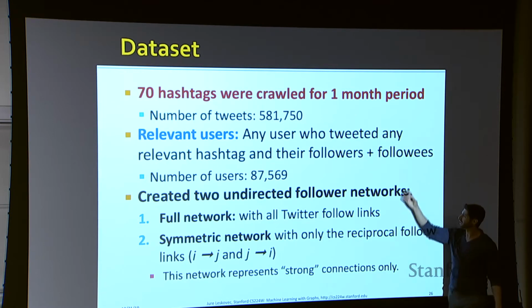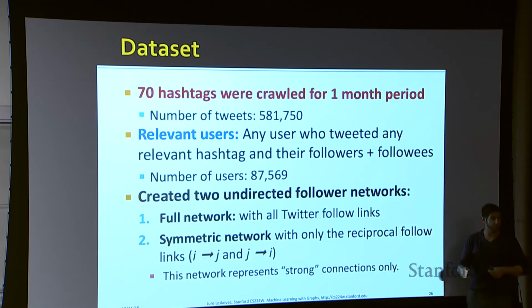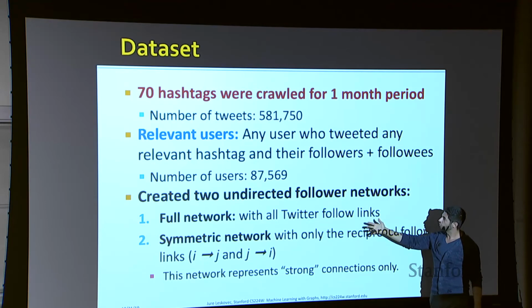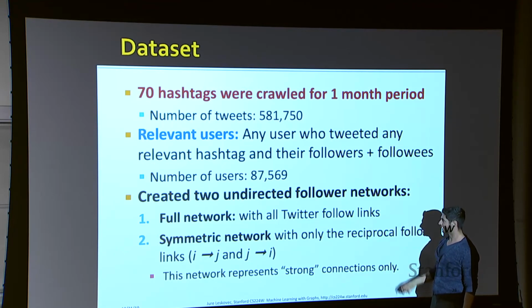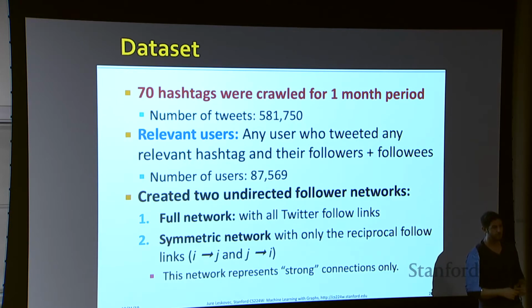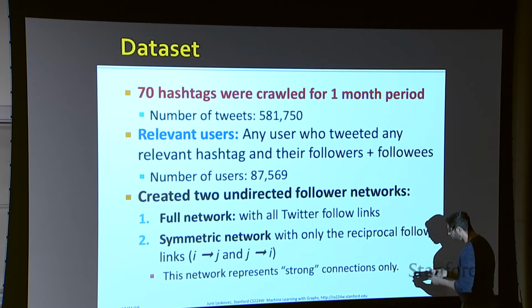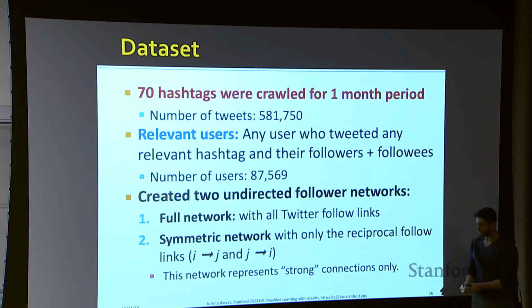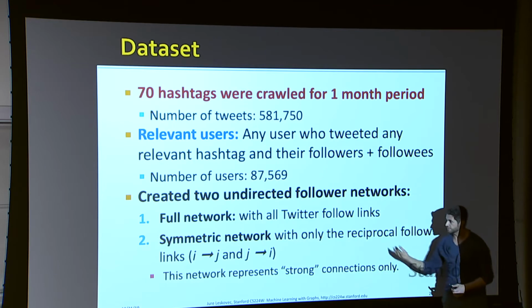So now that they also collected all the relevant users, what did they do with these connections? They created two different networks. One was a full network with all the Twitter follow links, as a directed graph, and then they also tried to create a more compact network with a stronger signal, which was the symmetric network.